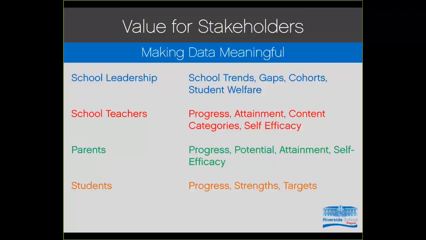Our teachers can have quite a strong grasp on progress, attainment, content categories, self-efficacy. We hope to continue developing our parent involvement so that they are aware of student progress, their children's potential, attainments, and self-efficacy. And for our students, we want them to understand what kind of progress they're making, what strengths they have, and what targets they need to be setting for themselves.